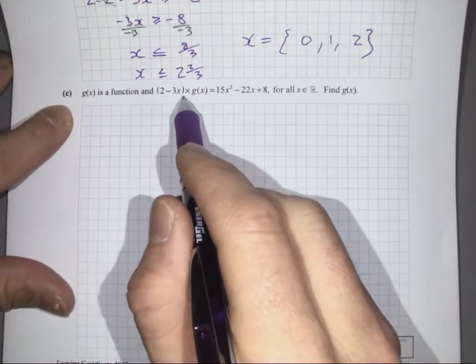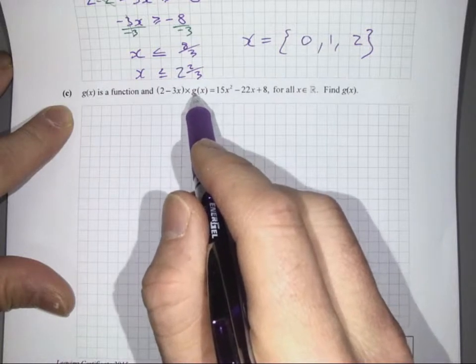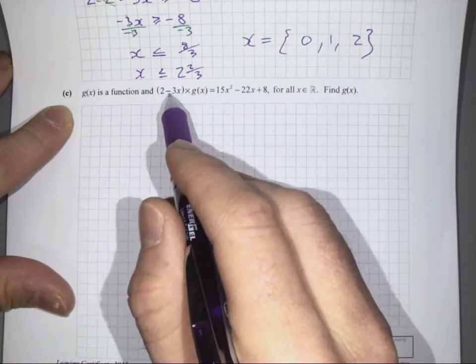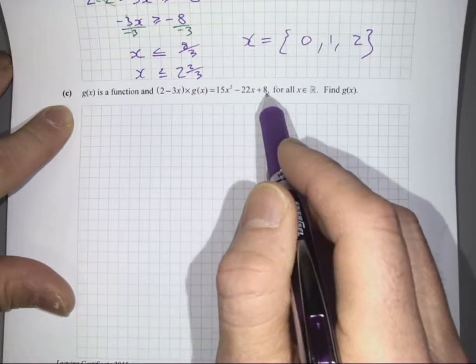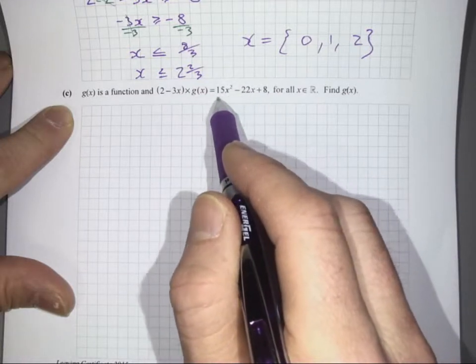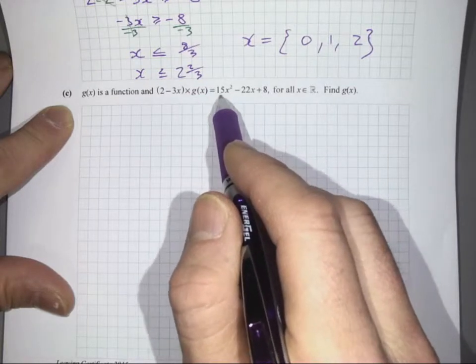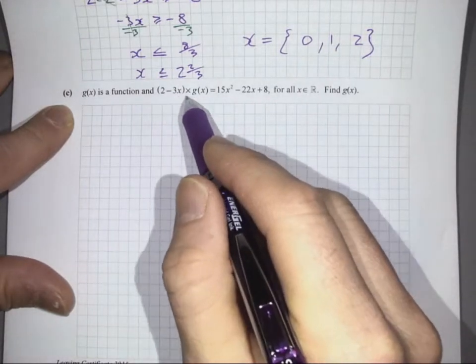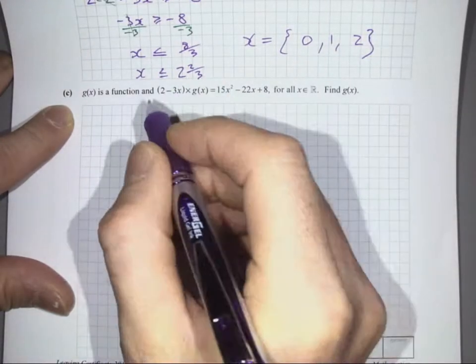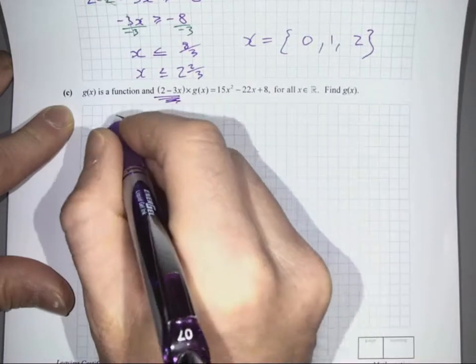2 minus 3x times g of x, which is just a function. Like this is a function, so 2 minus 3x times something equals this expression here. So there's 2 ways of doing this. We can divide all across by 2 minus 3x first of all.